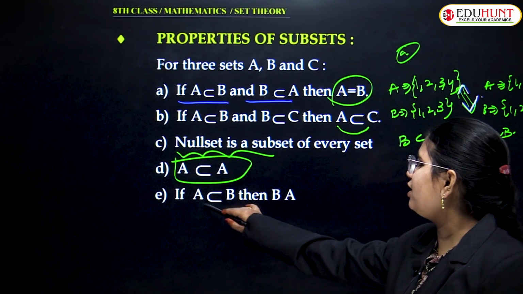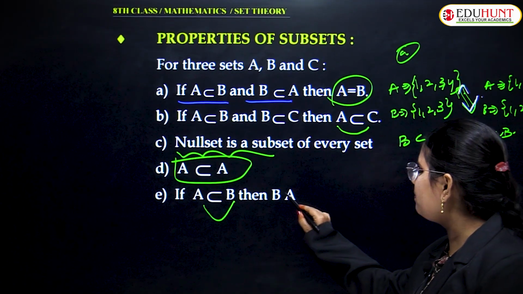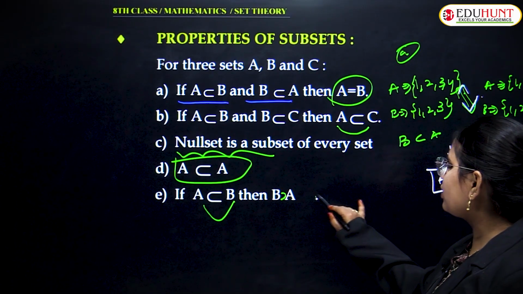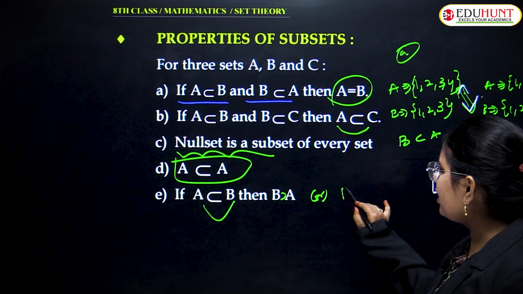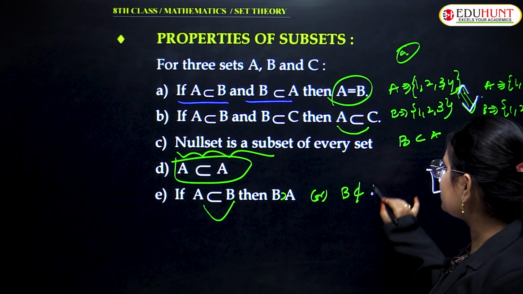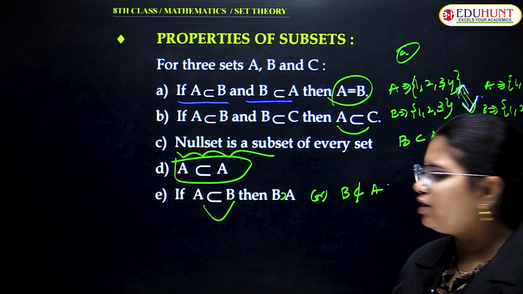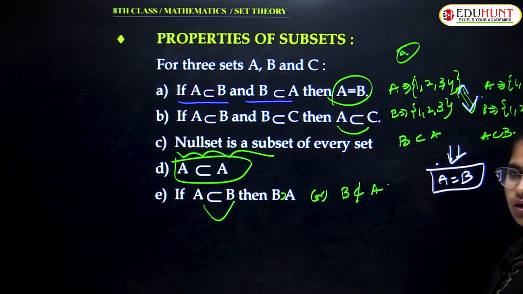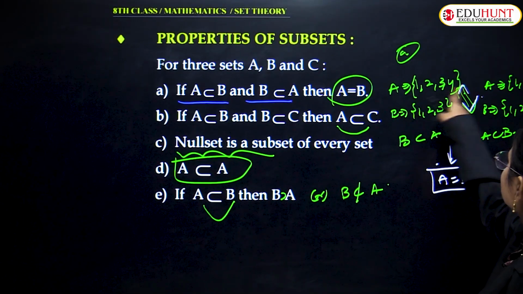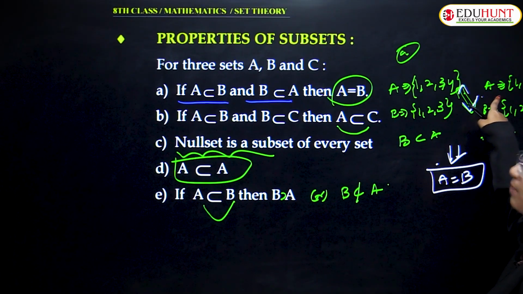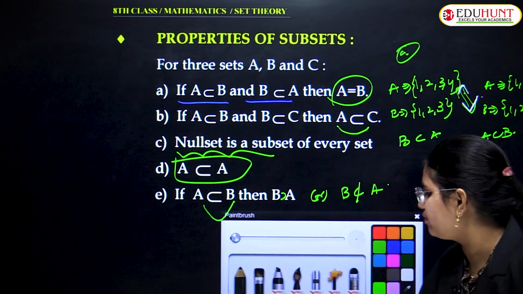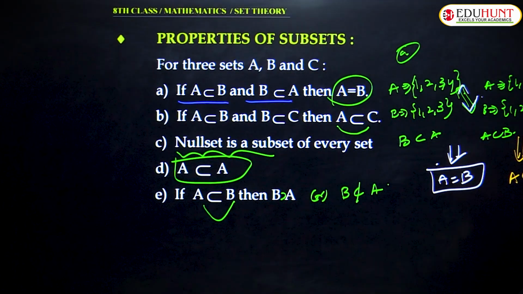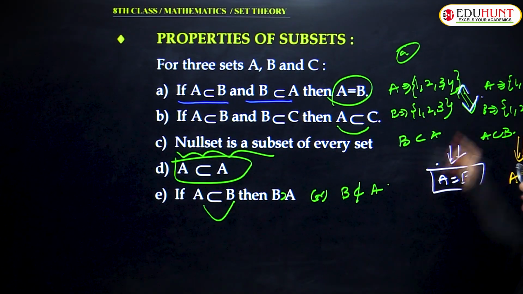Next, if A is a subset of B, then B is a superset of A, or you can say B is not a subset of A, right? For example, take this example, A is a subset of B. From this example, is B equal to A?